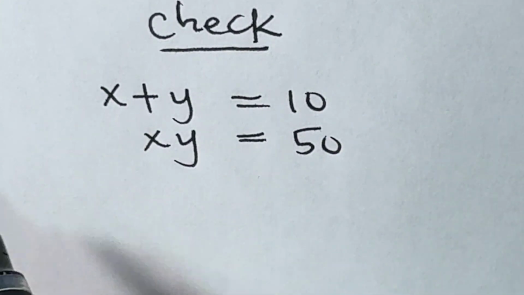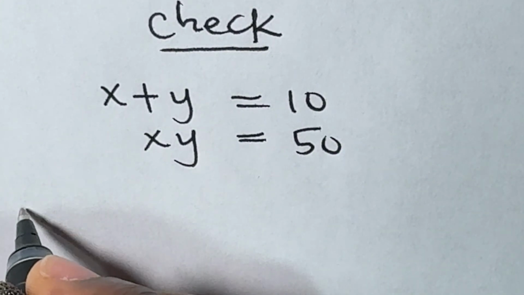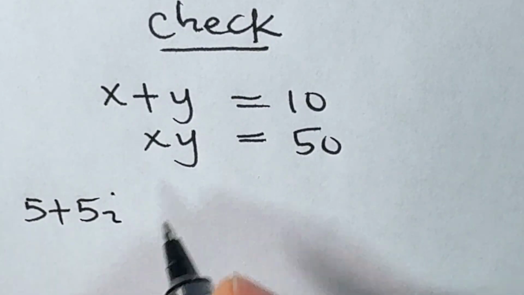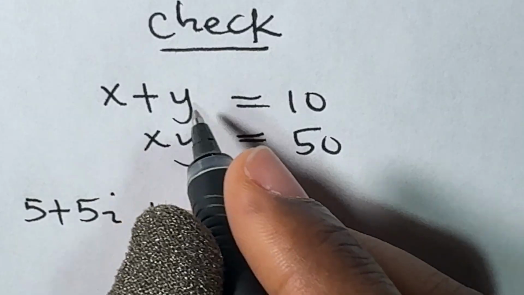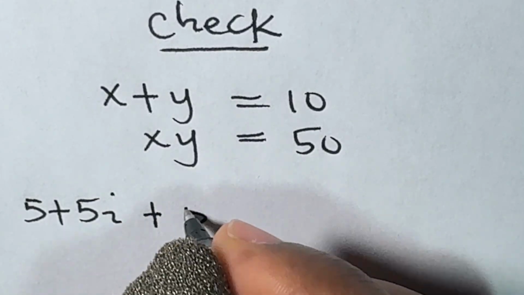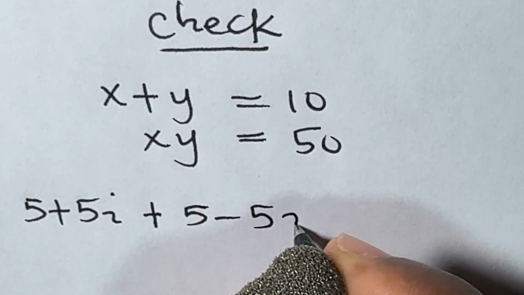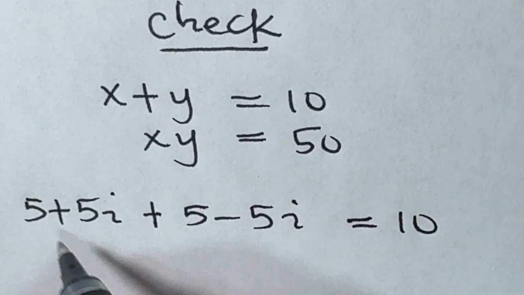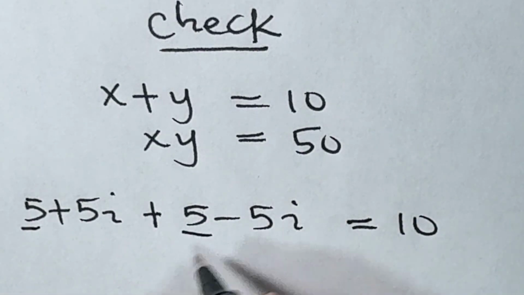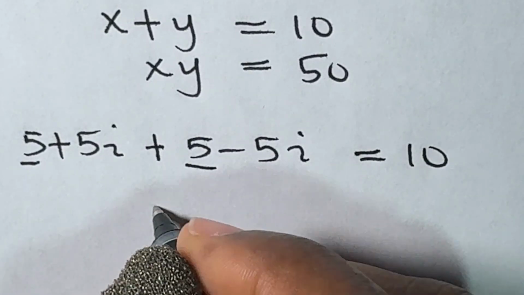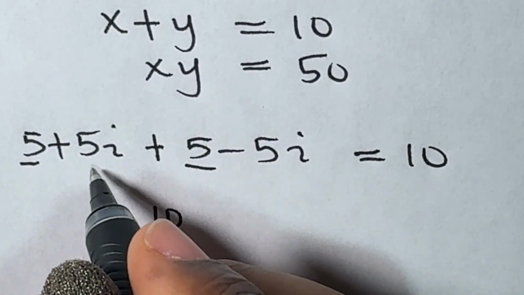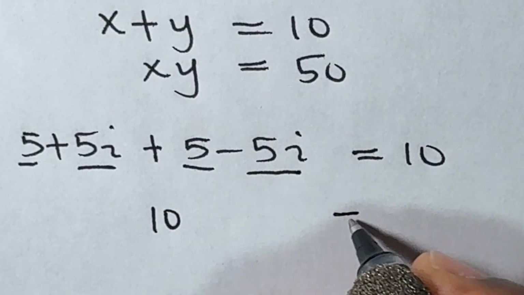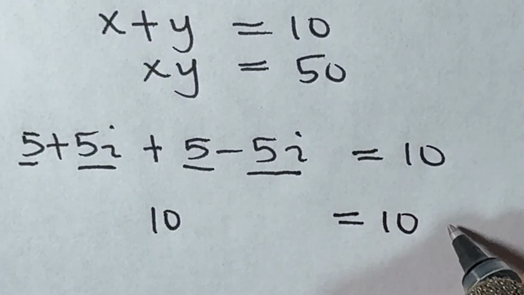So we have x1, which was 5 plus 5i, plus y1, which was 5 minus 5i, is equal to 10. 5 plus 5 is 10, and then 5i minus 5i is 0, so we have 10 is equal to 10.